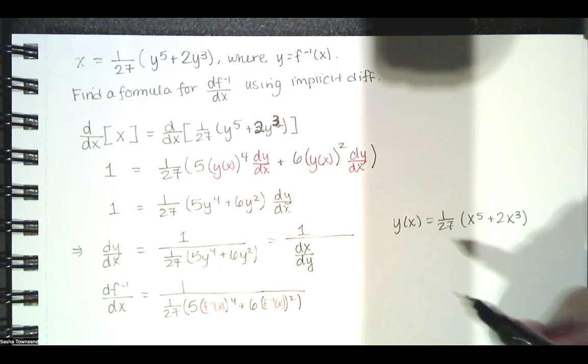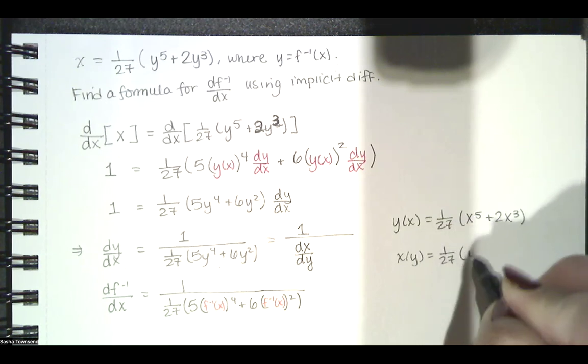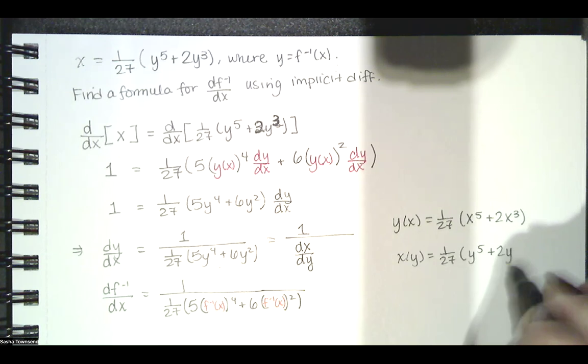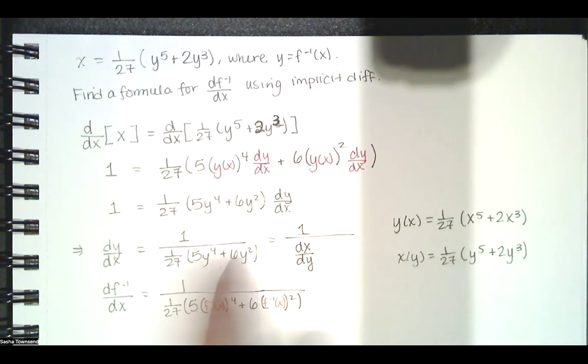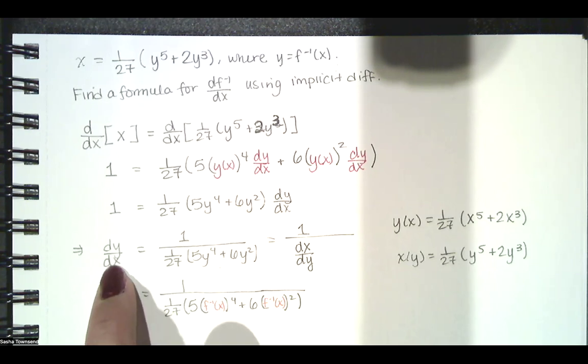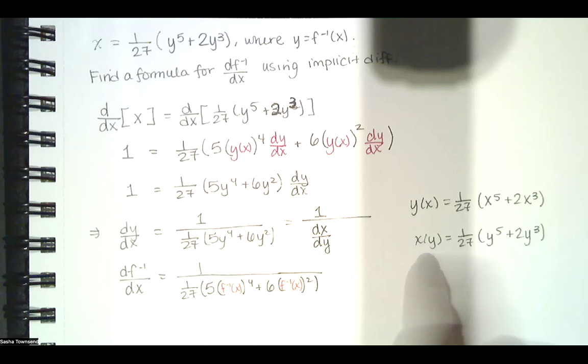If we switch the roles of x and y, we have x as a function of y is 1 divided by 27 times y to the 5th plus 2y cubed. If I take the derivative of that and I substitute it there, well then the derivative of f inverse is actually 1 divided by the derivative of that.